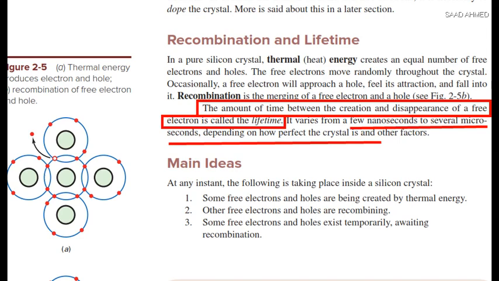This means that this is a very quick process, but it happens, and these are the few processes which we need to know how they work if you want to understand the working of different semiconductor devices.